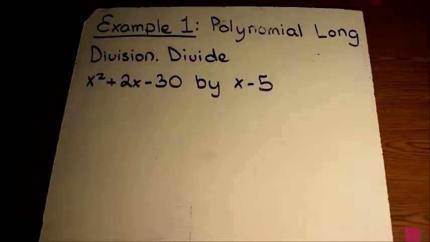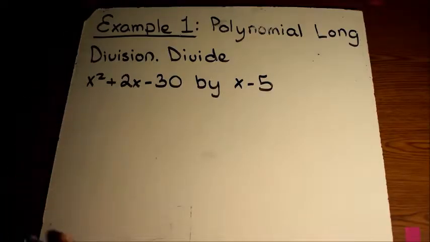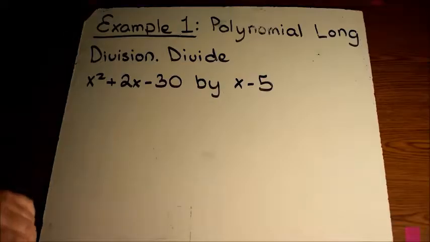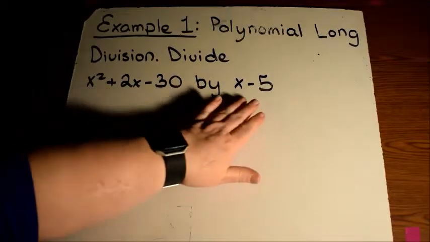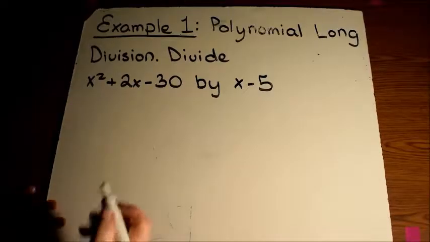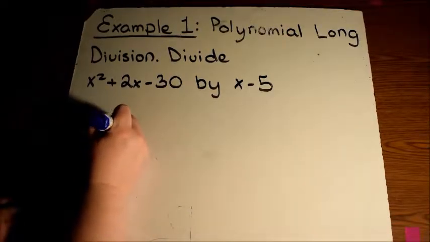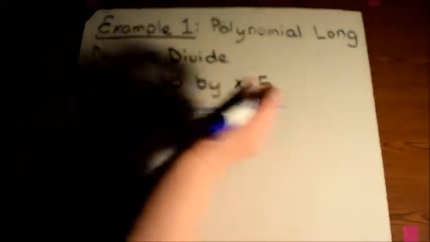So let's start with our first example. We're going to divide this polynomial using long division. If you need to, go back and review the video that talks about long division without polynomials. Alright, so x squared plus 2x minus 30, we're going to divide that by this linear equation x minus 5. The way we set that up is just like we would for regular long division.